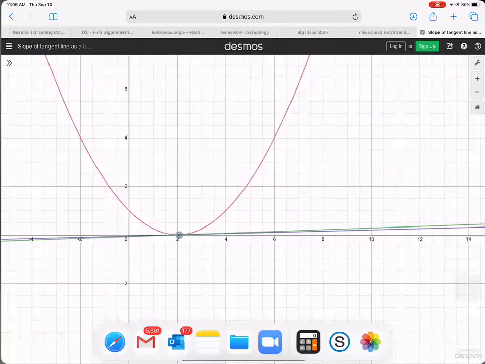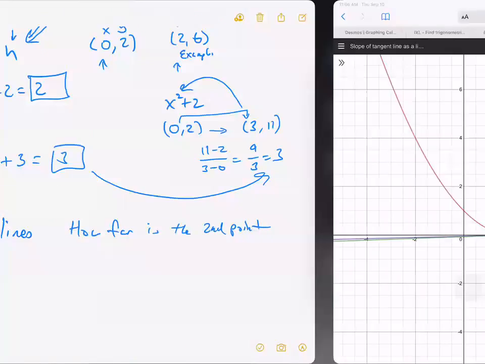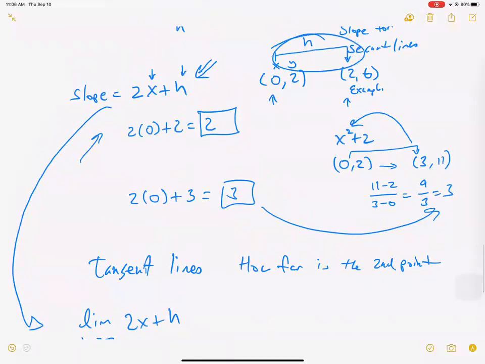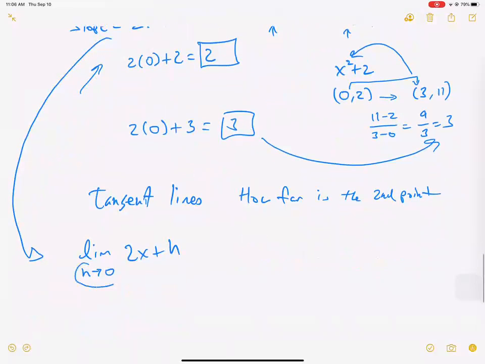Now, for us to do this problem, this is what we need to do. Take this, we say, hey, what if h went to 0 in 2x plus h? What if the 2 points weren't 2 spaces away, weren't 3 spaces away? What if they were only 0 spaces away? So for limits, let me remind you, to solve a limit, you just plug in the limit. This becomes 2x.